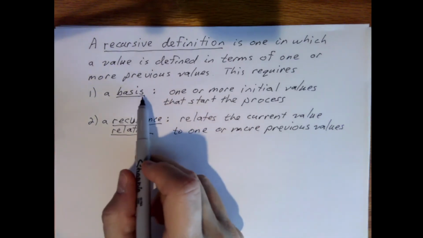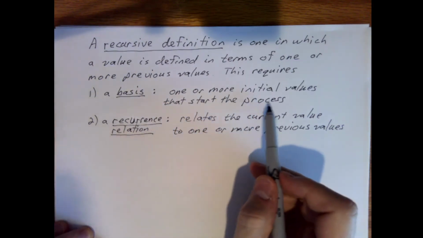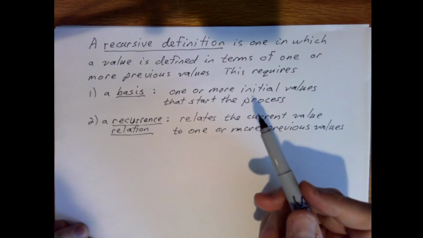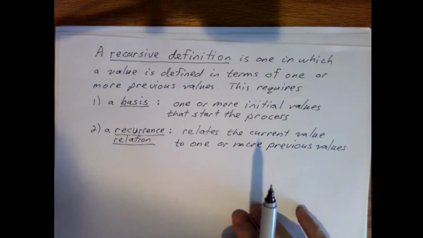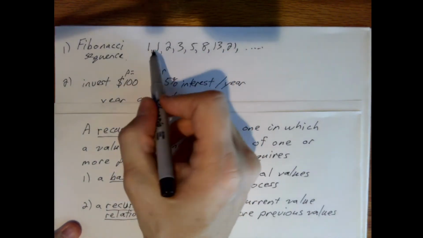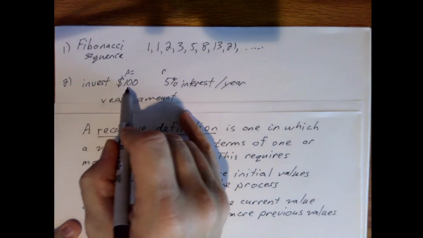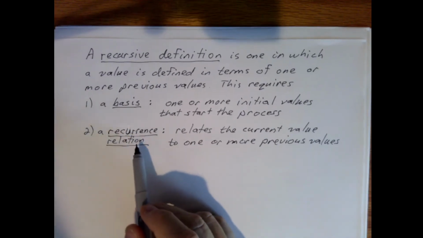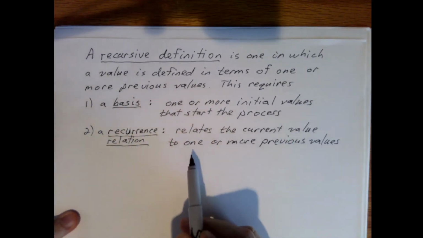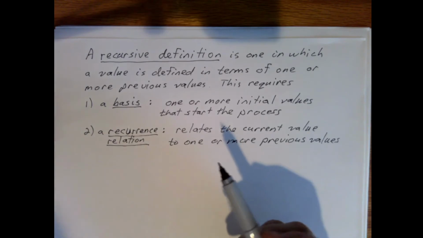We need a basis. That's the one or more initial values that get the process started, right? What were the initial values for a Fibonacci sequence, 1 and 1? What was the initial value for our investment? That was $100. And then we have a recurrence relation that relates the current value to one or more previous values, okay?